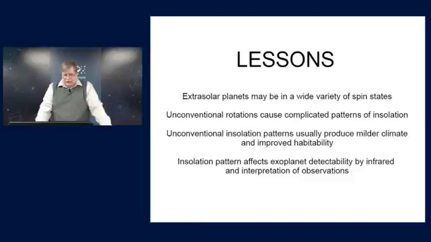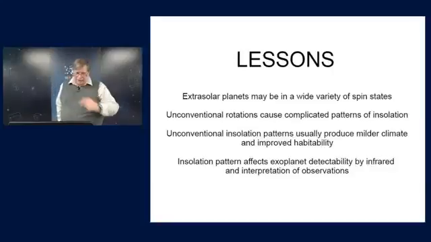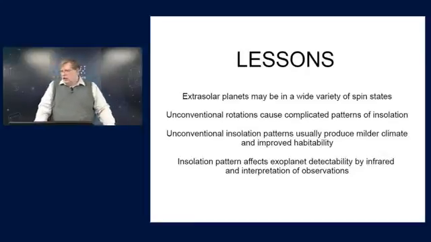And last, but not least, the unusual insolation patterns affect the detectability of exoplanets in the infrared and the interpretation of such observations as well. Okay, so I'm going to leave it at that, and I'd be happy to take any questions at this point.